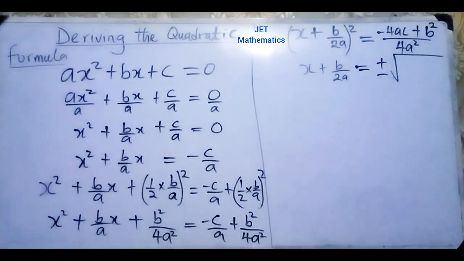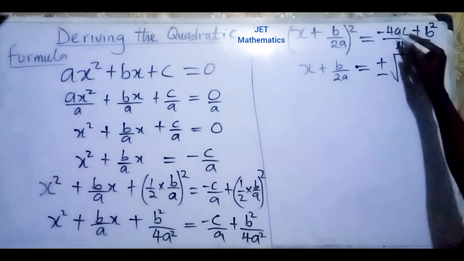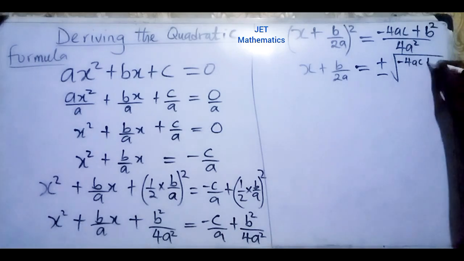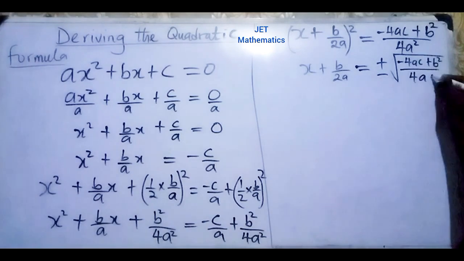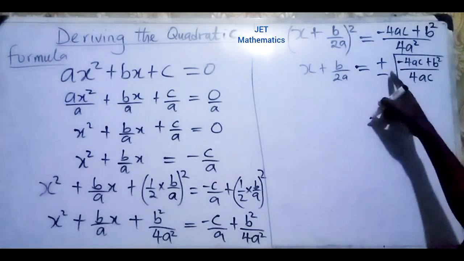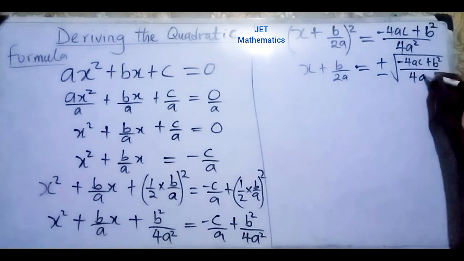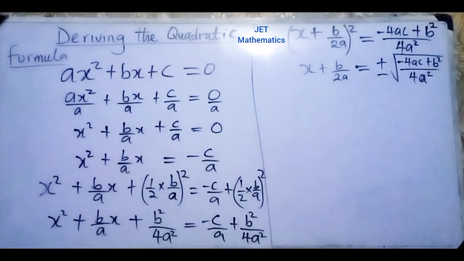When taking the square root, we take both the positive and the negative square root. So we have plus or minus the square root of minus 4ac plus b squared, all over 4a squared. The square root covers both the numerator and the denominator.